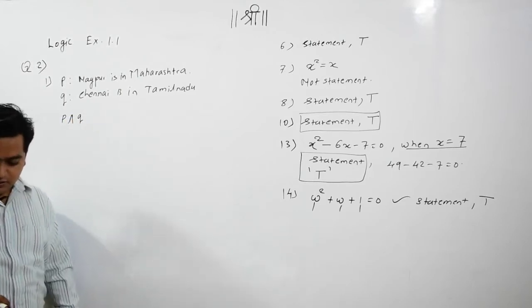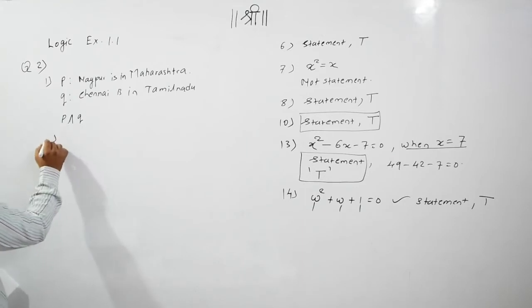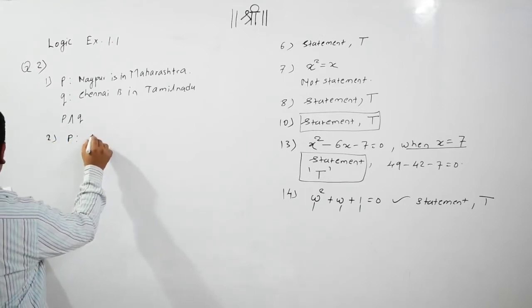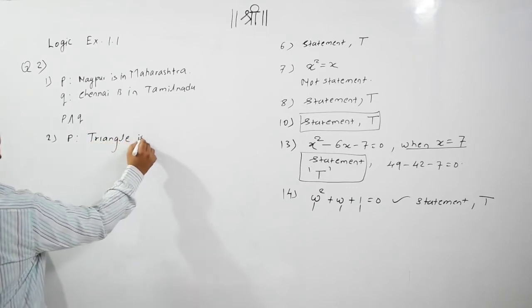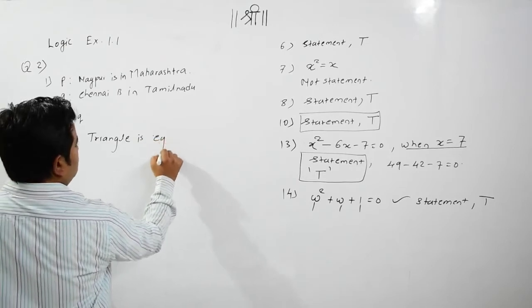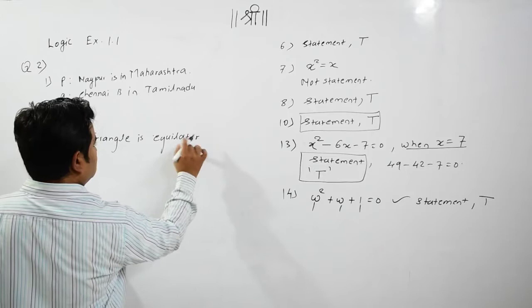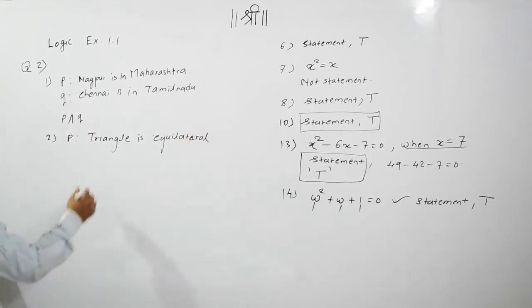Now next question: the triangle is equilateral or isosceles. Second question: P is, within this, the triangle is equilateral.